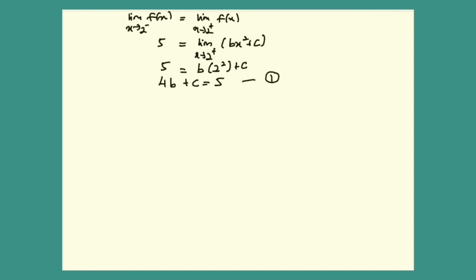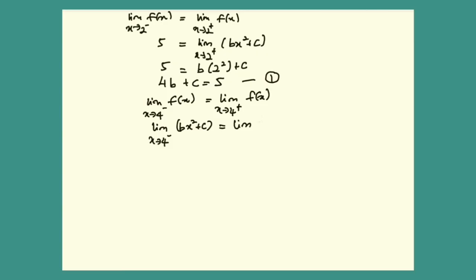And since limit f(x) as x approaches 4 exists, this means limit f(x) as x approaches 4 from the left equal to limit f(x) as x approaches 4 from the right. Okay, and then the function at the left of 4 is bx squared plus c as x approaches 4 from left, equal to the limit of the function at the right, which is 8, as x approaches 4 from right.